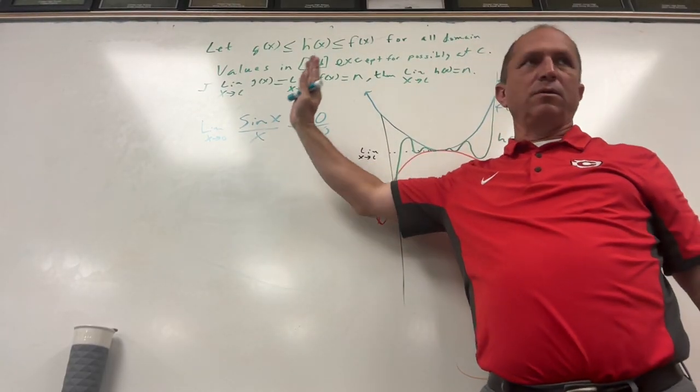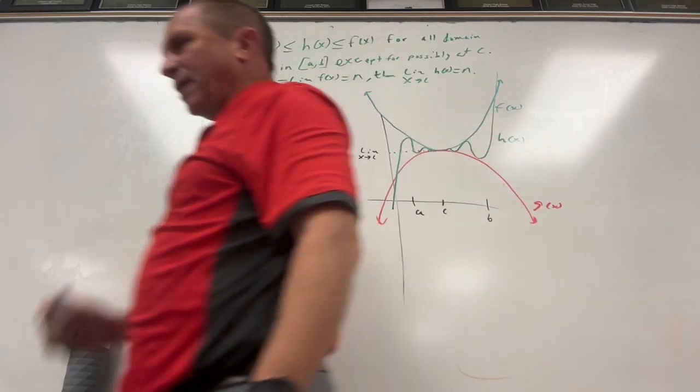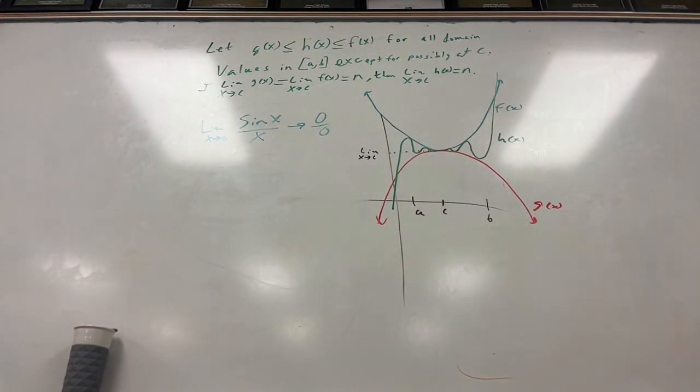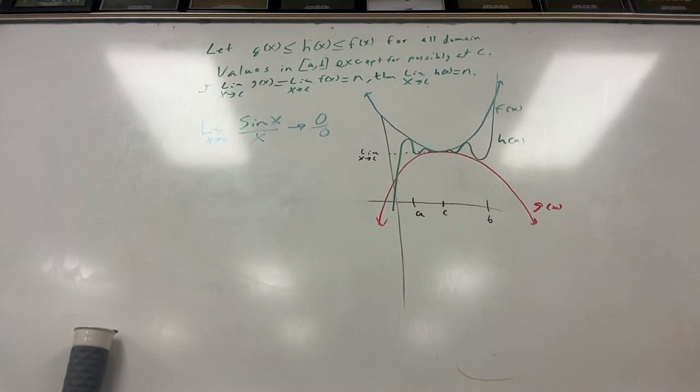I'm going to try to construct a scenario where I can get the sine of x over x between two values that I do know. And I need those two values that I do know to have a limit as x approaches 0, and that limit to be the same.